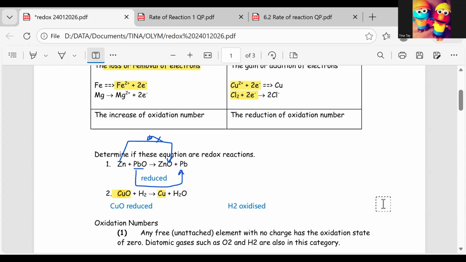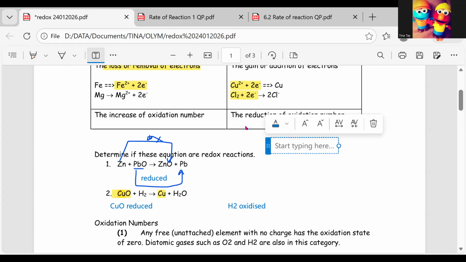Now, if somebody is oxidized, like zinc, at first no oxygen and then it gets oxygen, it must get the oxygen from someone, right? So zinc got the oxygen from lead oxide. So who is the one that caused zinc to be oxidized? Lead oxide. So we say that lead oxide, PbO, is the oxidizing agent.